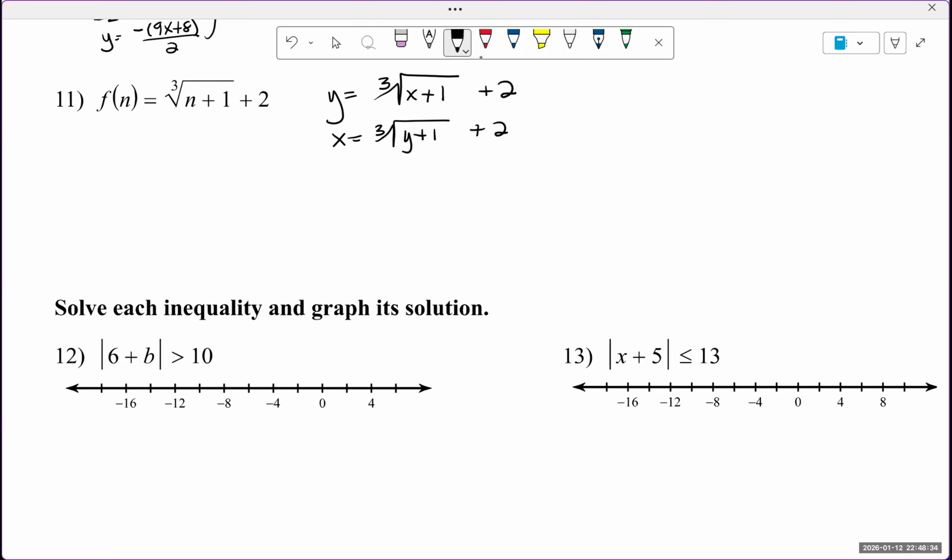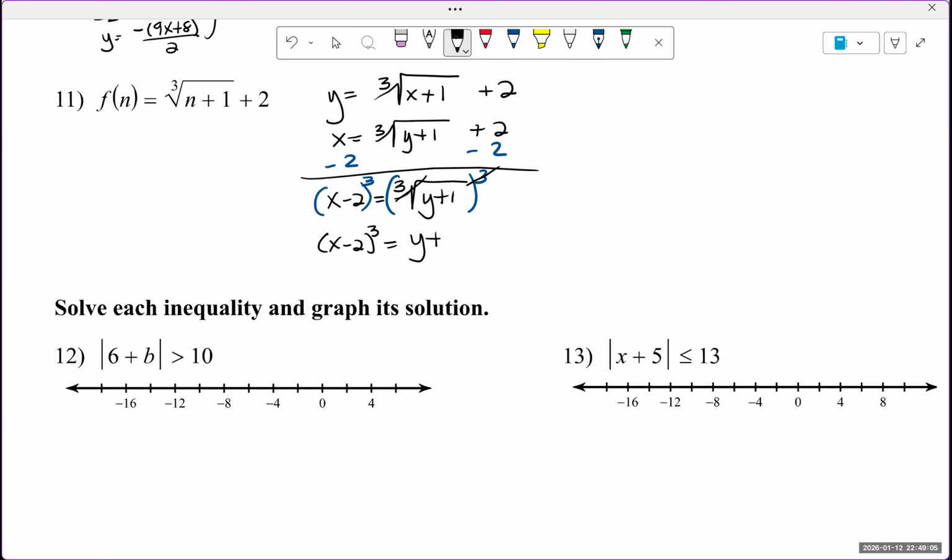and solve for y. So we're going to subtract 2. The opposite of cube root is to cube both sides. So that cancels the cube root, and the y plus 1 is set free.